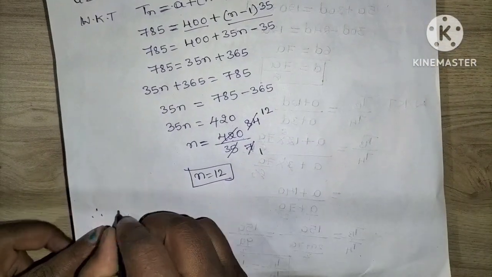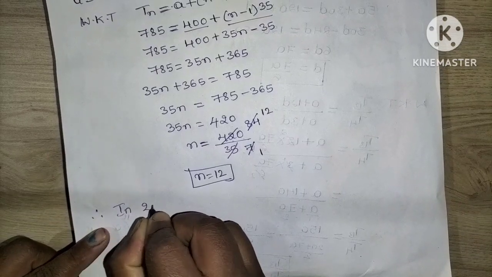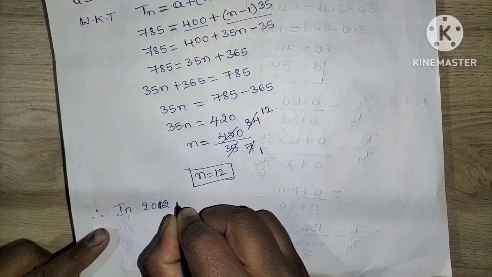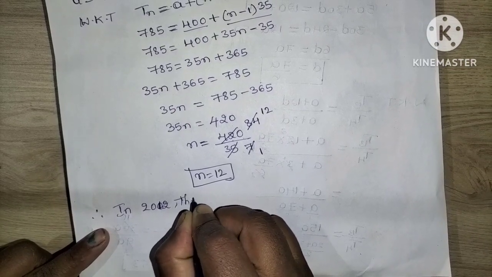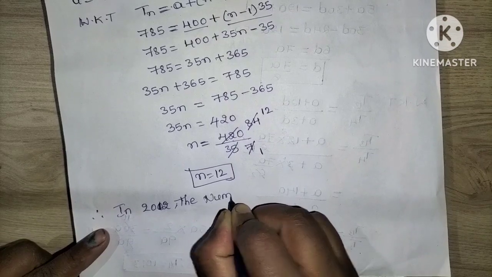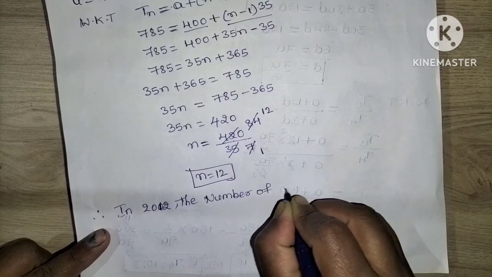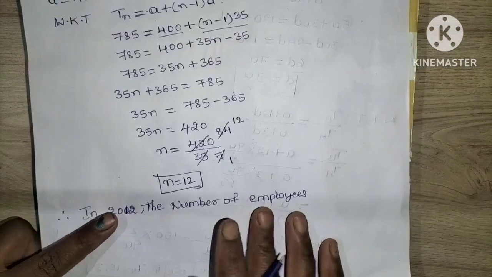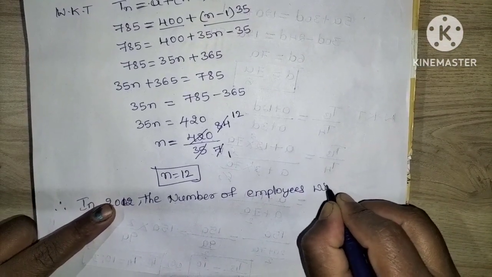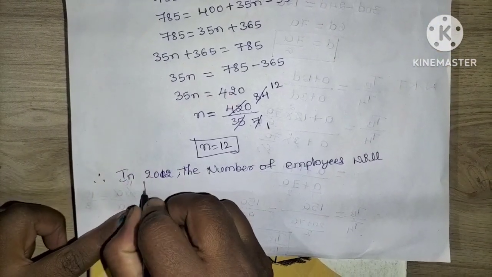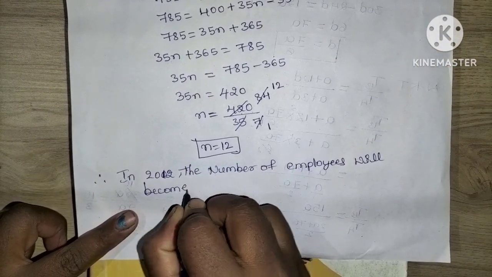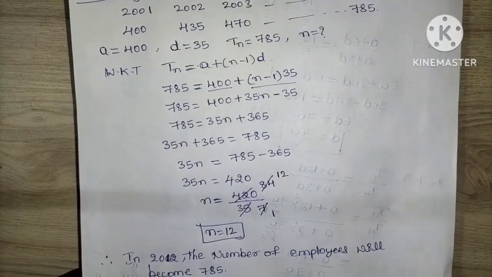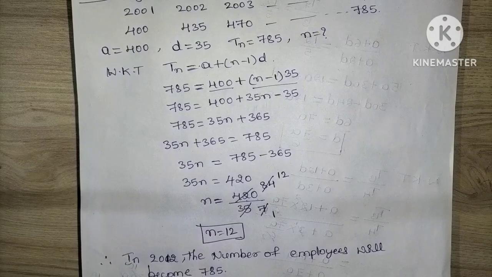So in 2012 the number of employees will become 785. This is how we find the year.